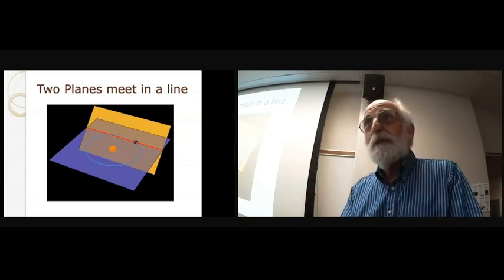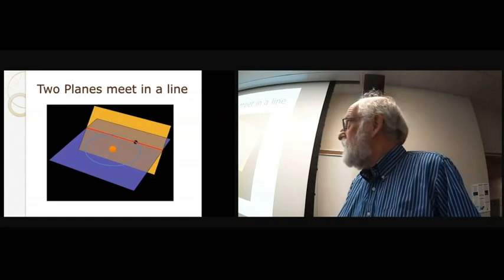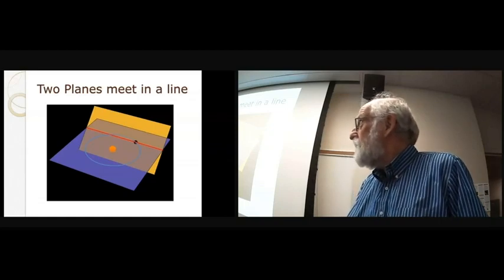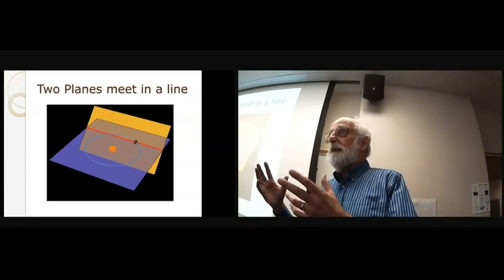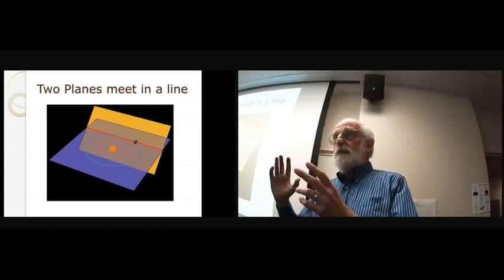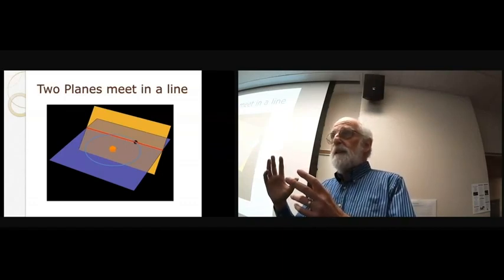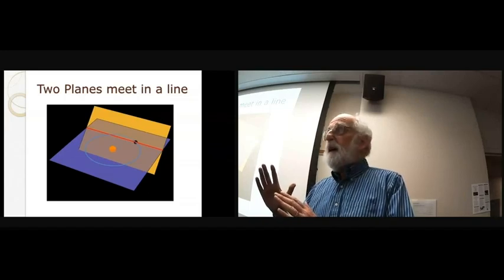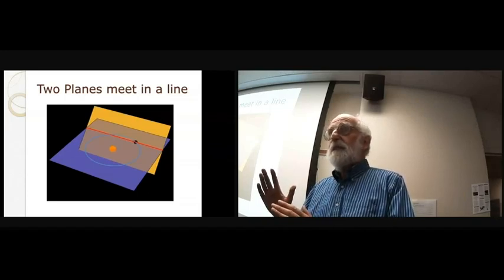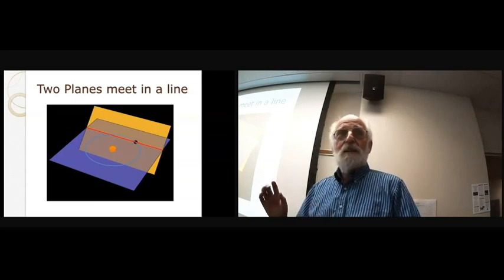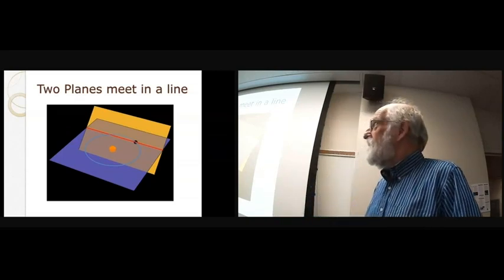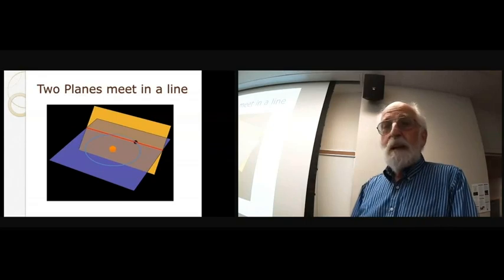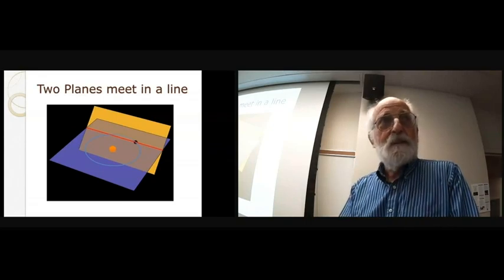Now we have a little problem in this picture, because if you have three objects in three-dimensional space, they lie in a plane, but they don't generally lie on a line. And in fact, in this picture, they can't possibly lie on a line.